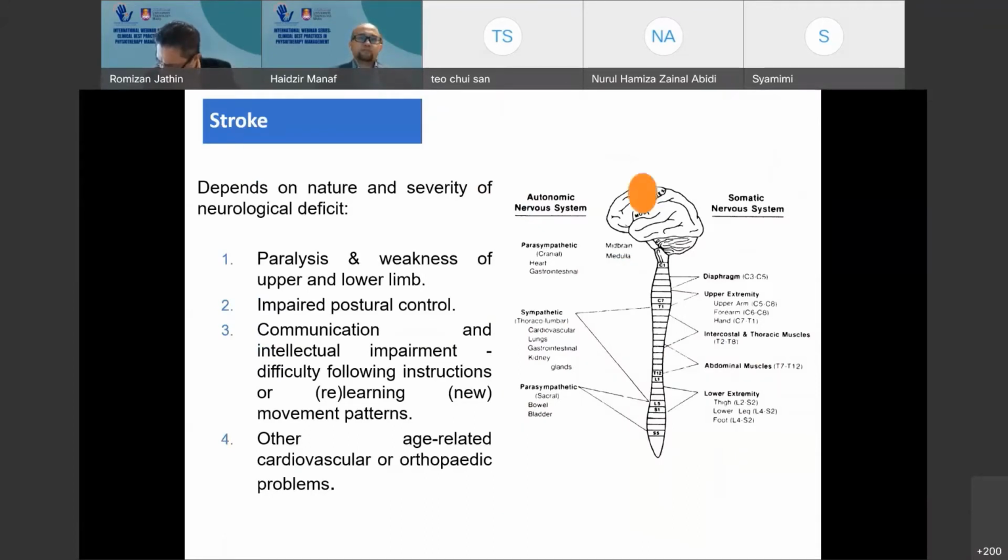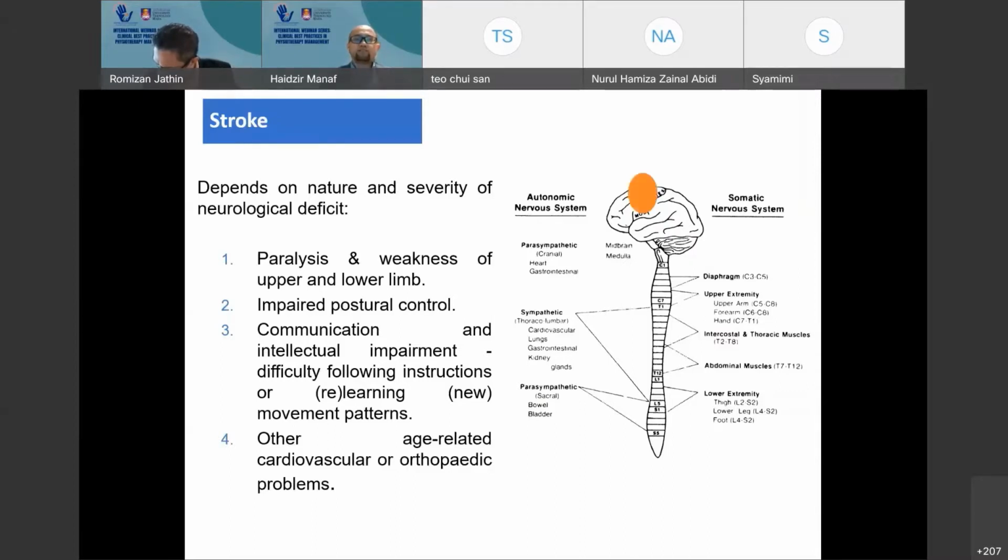Stroke is one of the causes of disability worldwide. It is caused by the disruption of blood flow to the brain, and depending on the nature and severity of stroke, patients may present with paralysis and weakness of the upper and lower limbs. They might present with impaired posture control.